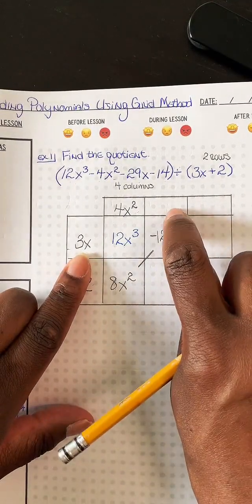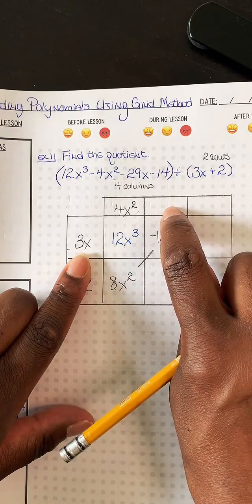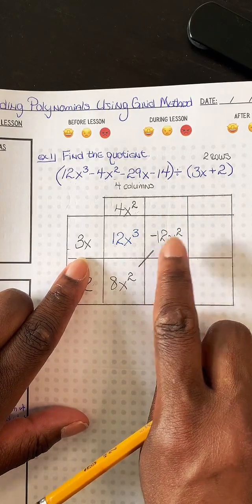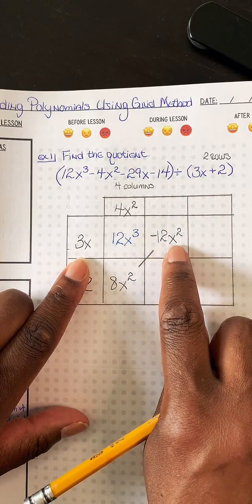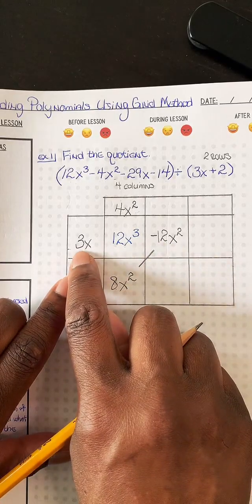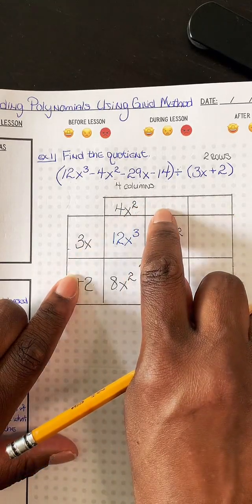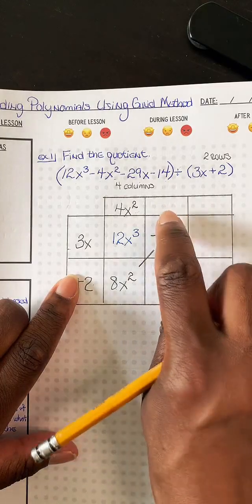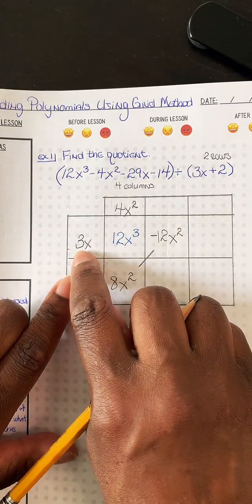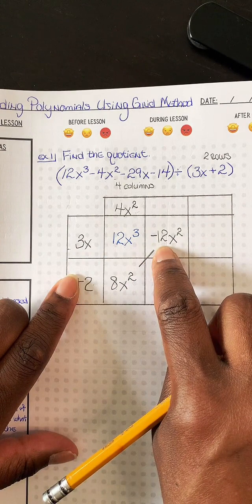So now I need to figure out what goes up here. So I can say, what is negative 12x squared divided by 3x to give me blank? Or what times 3x gives me negative 12x squared?